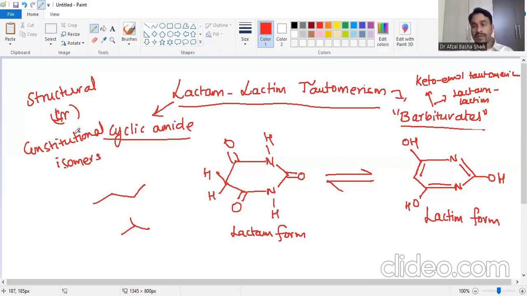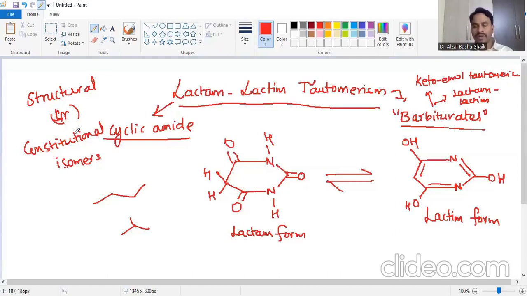And another type of isomerism is metamerism. In metamerism, metamers have the same functional group but different alkyl chains. One example we explored is diethyl ether as well as methyl propyl ether. Diethyl ether has 2 ethyl groups, whereas methyl propyl ether has 2 different alkyl groups, right?